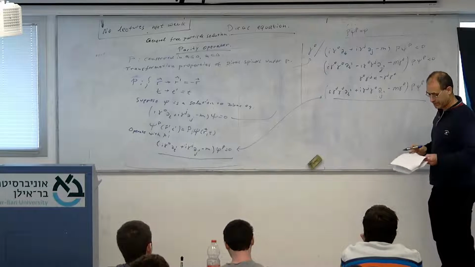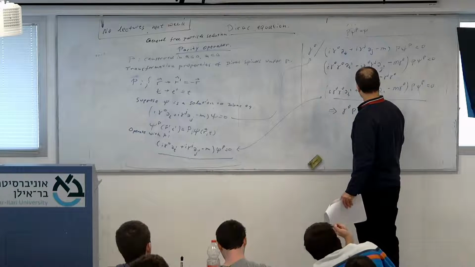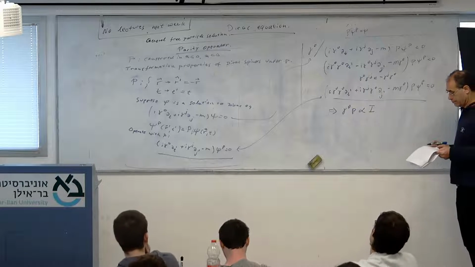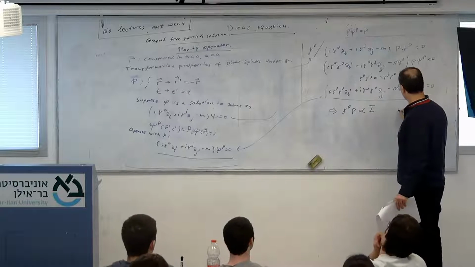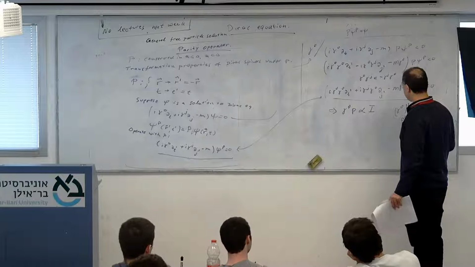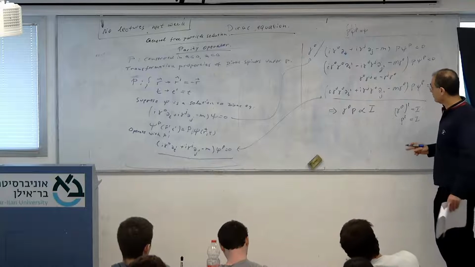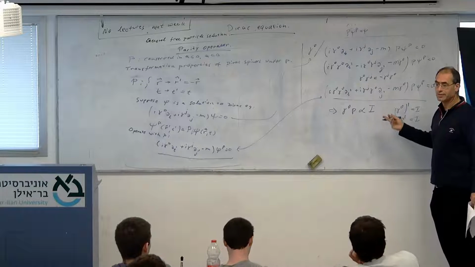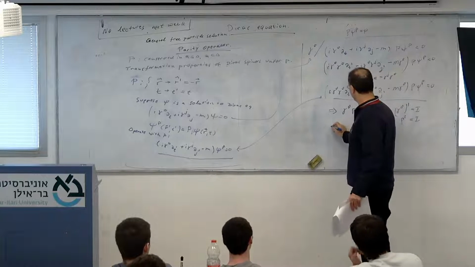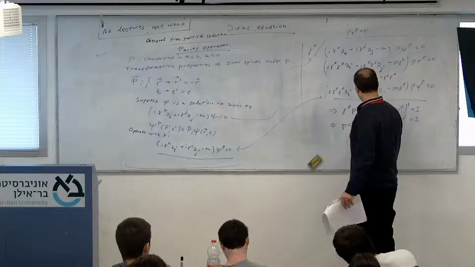That means that gamma 0 p is proportional to the unity. But we know that gamma 0 squared is identity, and p squared is the identity. So what are the two options that we have here? P is equal to plus gamma 0, or P is equal to minus gamma 0.